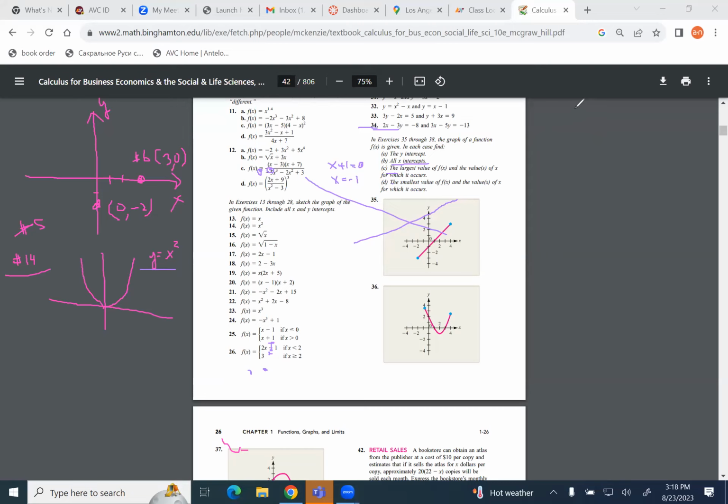So no worries. In exercise number 19 here, I can write this equation without parentheses. So what I can do is distribute my letter x over 2x and then also over 5.